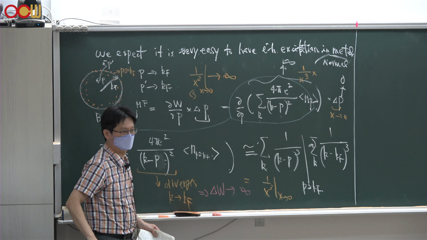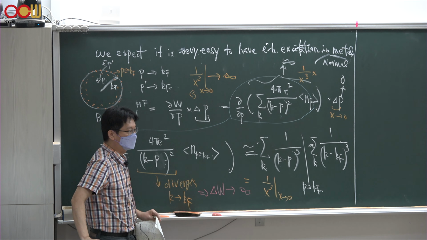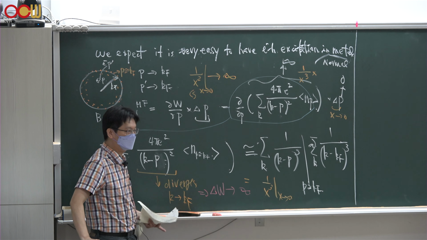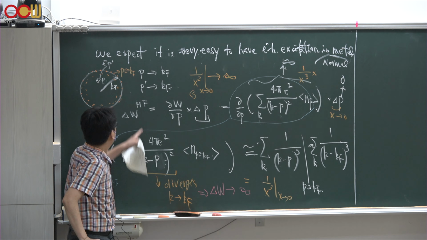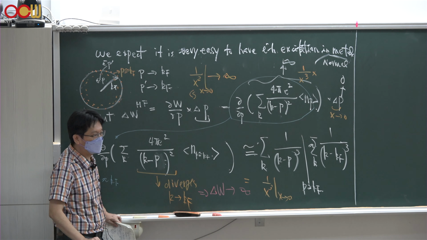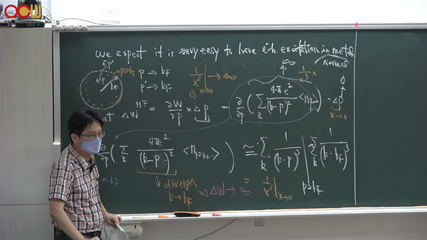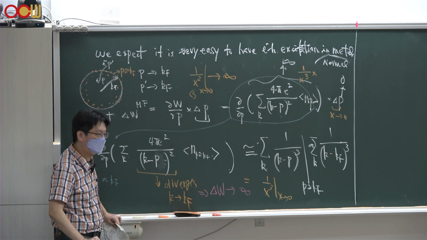As a result, which is, of course, physically incorrect, because we know that it is very easy to create such electron-hole pair excitations near the Fermi surface of ordinary metals.